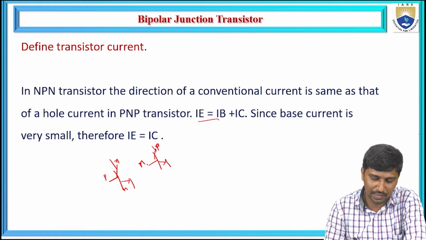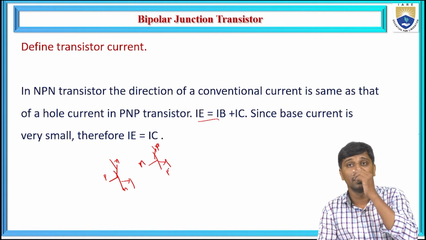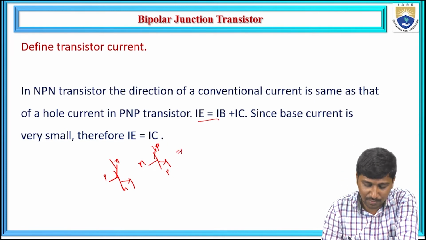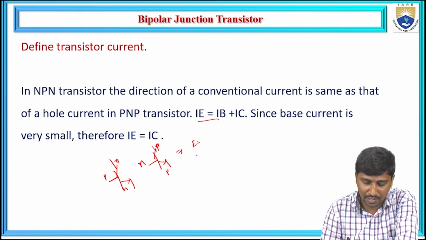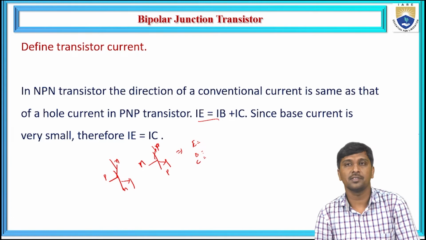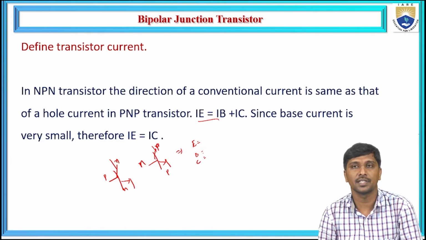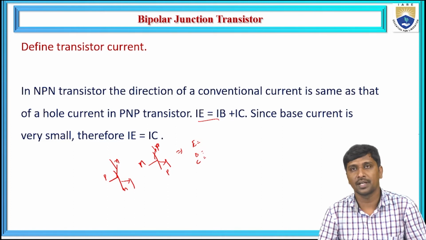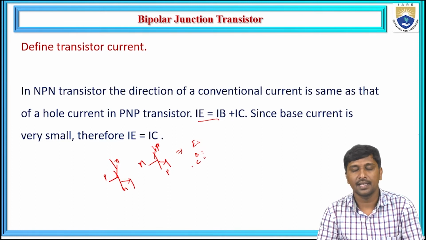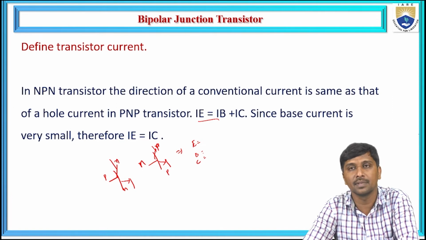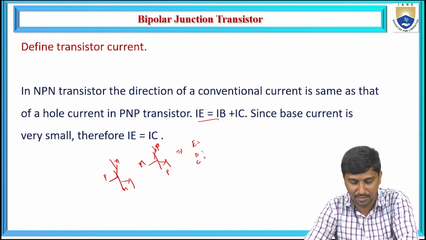So this is PNP. For this case, we have the terminal representation: emitter, base, collector. Based on this, the emitter always emits the charge carriers to allow conduction, and the collector collects the charge carriers from the emitter, bypassing the base.